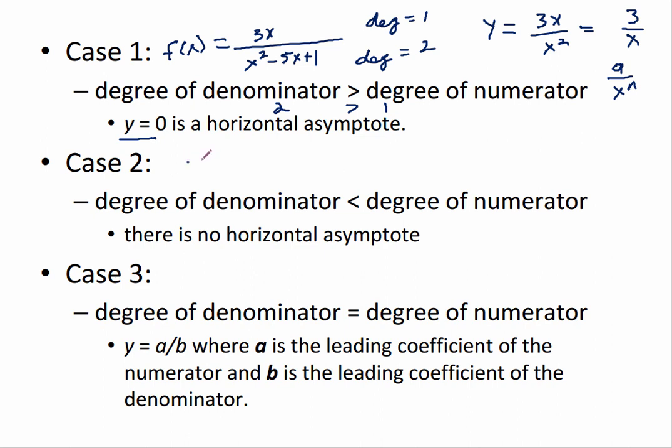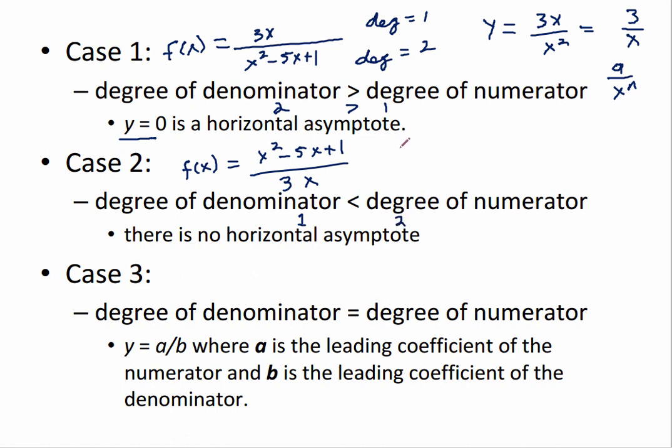What about if the degree of the denominator is less than the degree of the numerator? Let's make a new example here. Let's say f of x is equal to x squared minus 5x plus 1 over 3x. In this case, the degree of the numerator is 2 and the degree of the denominator is 1. So that's the case where the denominator's degree is less than the numerator's degree.